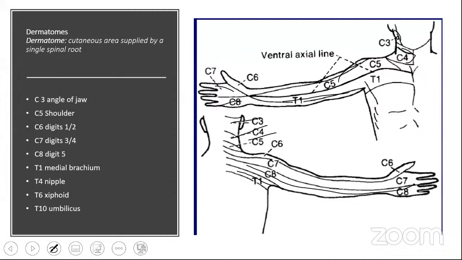So C3 is the angle of the jaw, C5 shoulder, C6 digits 1 and 2, digits 3 and 4 C7, digit 5 is C8, T1 medial brachium, T4 nipple, T6 xiphoid, and T10 umbilicus.